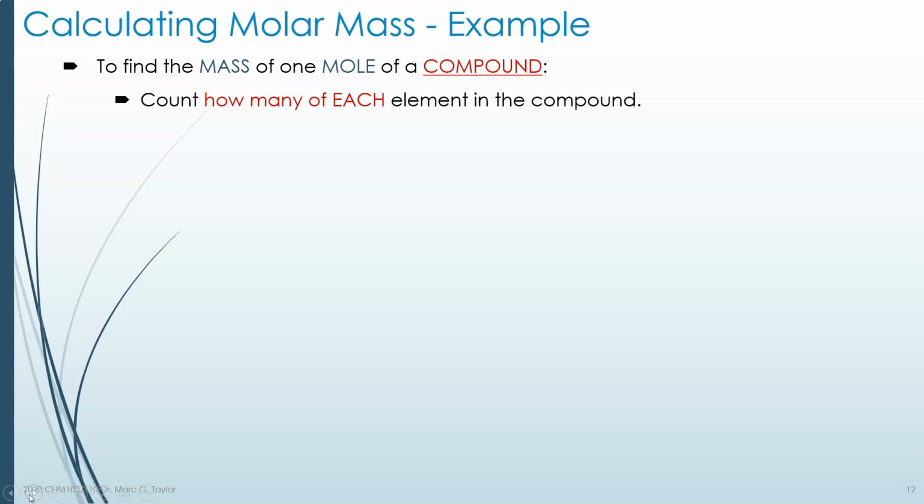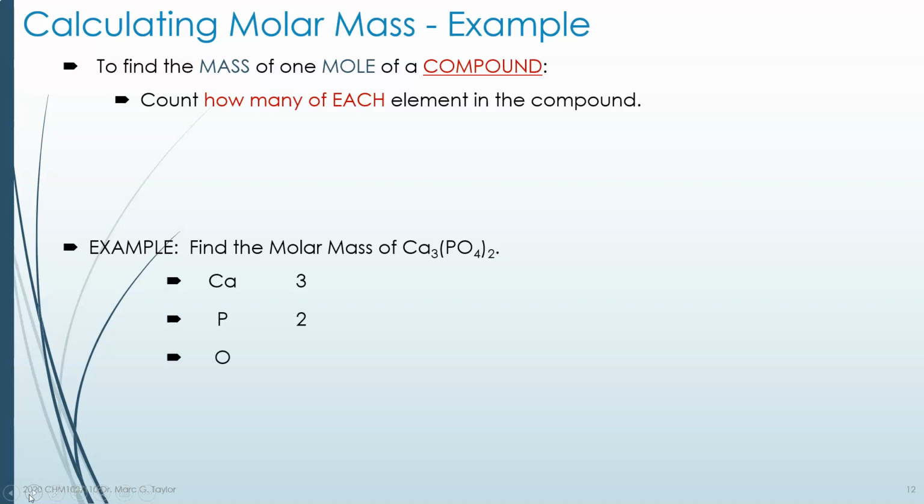So you need to add up all the values of the individual elements in each compound, keeping track of how many of each atom there are. And if we look at calcium phosphate, for instance, Ca3(PO4)2, this tells you there are 3 atoms of calcium, there are 2 atoms of phosphorus, and for the oxygen, remember, everything in the parentheses is multiplied, so we have 8 atoms of oxygen.